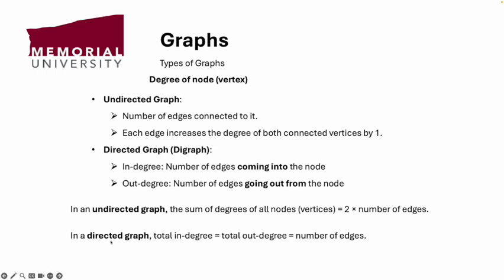But in a directed graph, the total of the in-degrees equals the total of the out-degrees. The total means each vertex's in-degree and out-degree summed together. They're equal, and also equal to the number of edges.